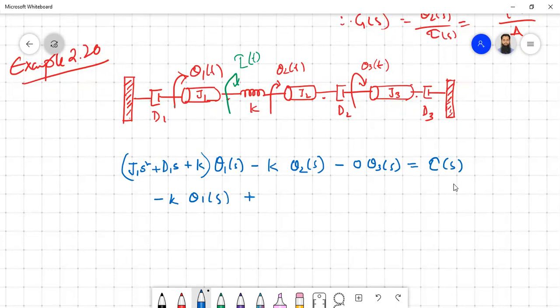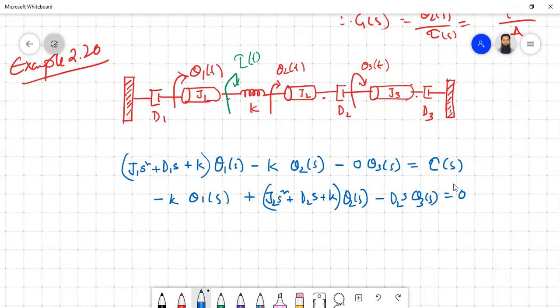Then the whole impedance of the two angular rotations: basically what we are going to get is J2 s square plus D2 s, plus K. So this is your theta 2(s), and theta 2 and 3 are related by the damper, so minus d2 s theta 3(s), but there is no torque, so basically you can write 0 here.